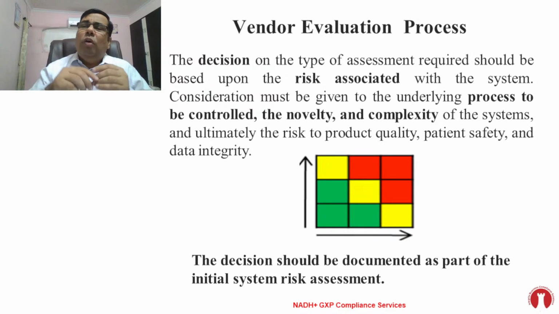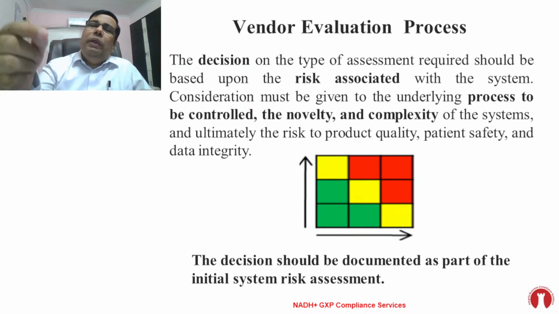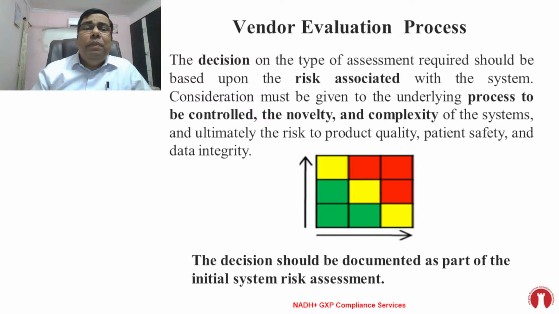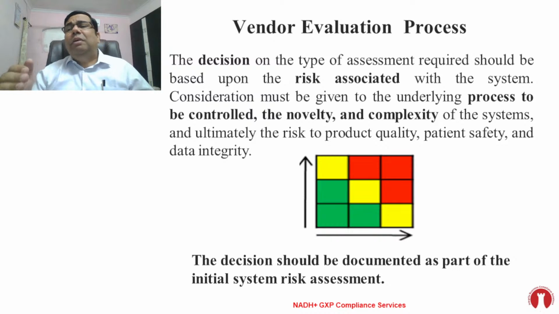For example, if any software you are using just through Google Chrome, like a learning management system or document control, operating through Google Chrome, it's a simple system. But a complex system, let us take the example of a SCADA system or PLC system, where the software is associated with some equipment and control mechanisms are there, along with the control there are some monitoring and evaluation decisions.